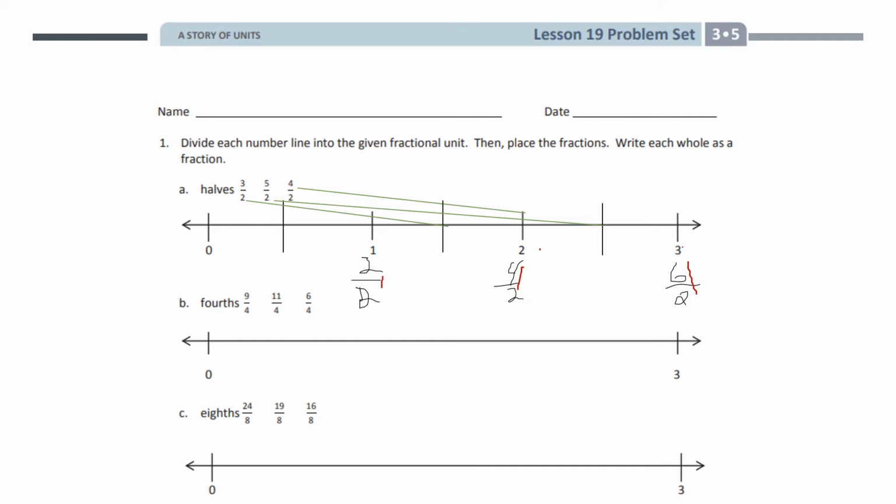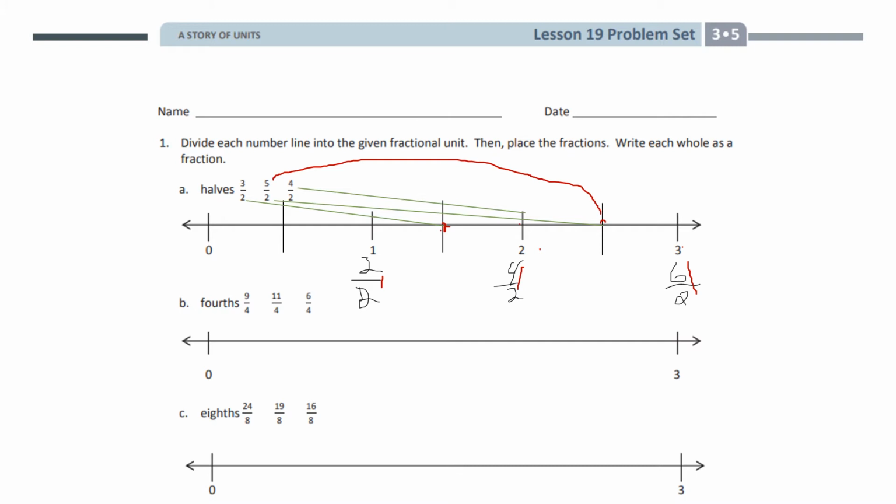So 3 halves is obviously right in here between 2 and 4. 5 halves is obviously over here. It's kind of hard to see because the line drags out between the 4 halves and the 6 halves. And then the 4 halves is right here at the 2. But so if you want, you could go like this to see 5 halves a little bit better.